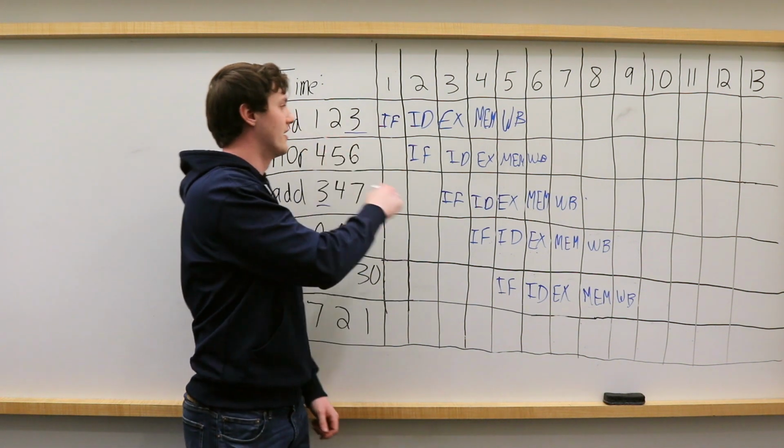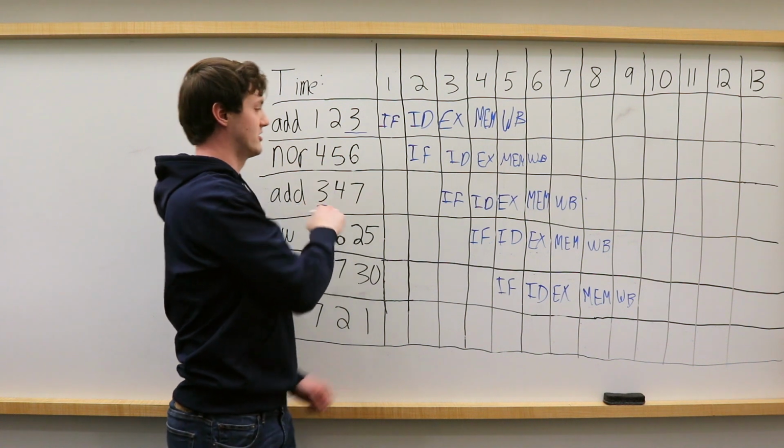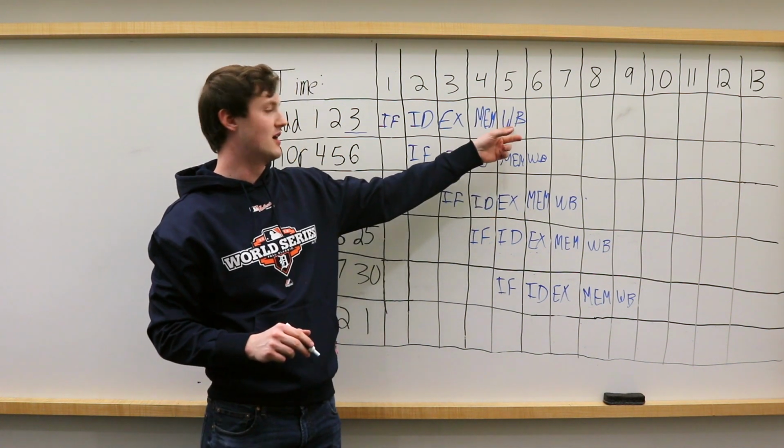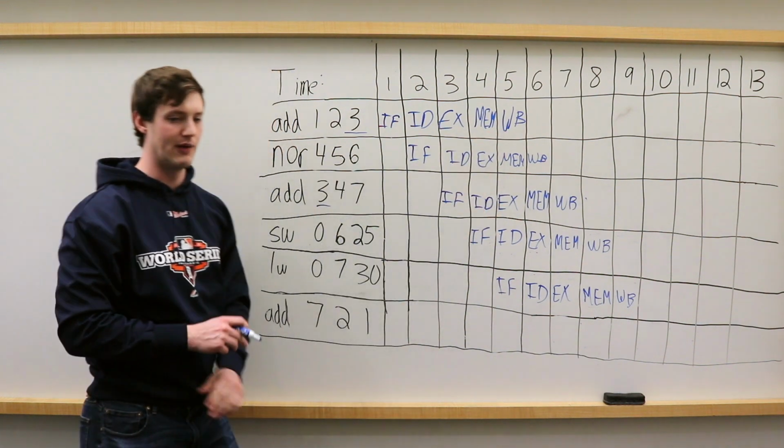And so it's going to forward it from the add instruction back down to this add instruction down here. So it's not going to have to wait in the instruction decode phase to line up with the write back. We're just going to be able to pull that value while we're executing, and we don't have to wait for any stalls.